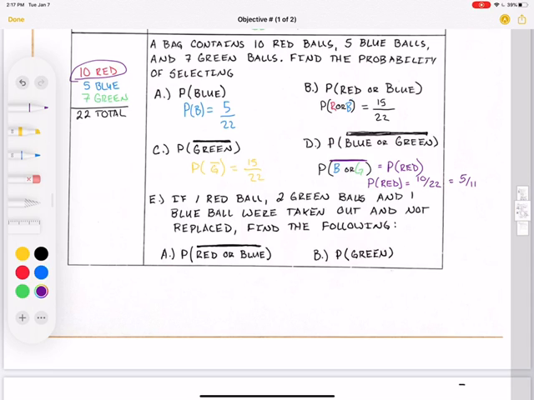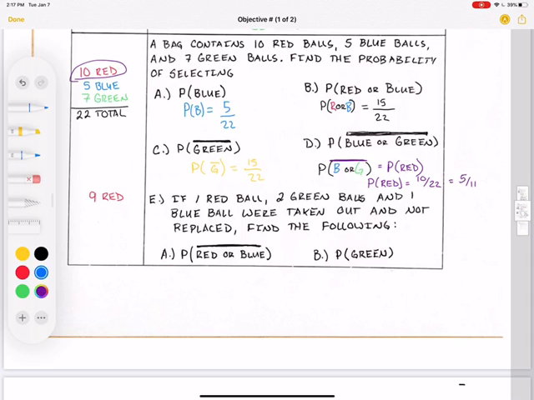In this next problem, if 1 red ball, 2 green balls, and 1 blue ball were taken out and not replaced, find the following. The probability that there's not a red or a blue, the probability that there is a green. To do this, you're going to make your little list, knowing that you took out 1 red, so that's going to leave us with 9.